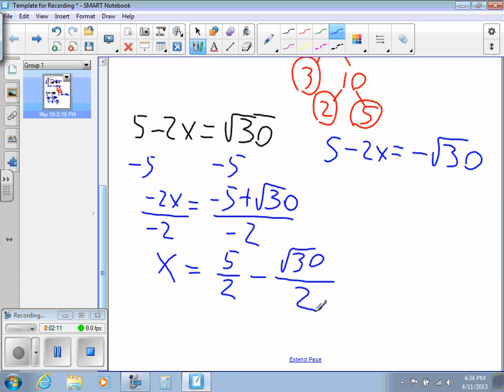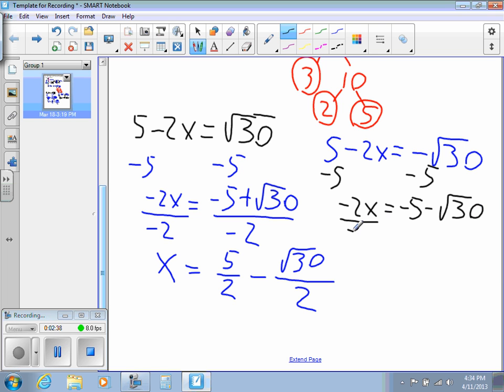Okay, let's take a look at the other side. So now, again, I need to get my term with my variable by itself, so I'm going to subtract 5 from both sides, giving me negative 2x equals negative 5 minus the square root of 30.